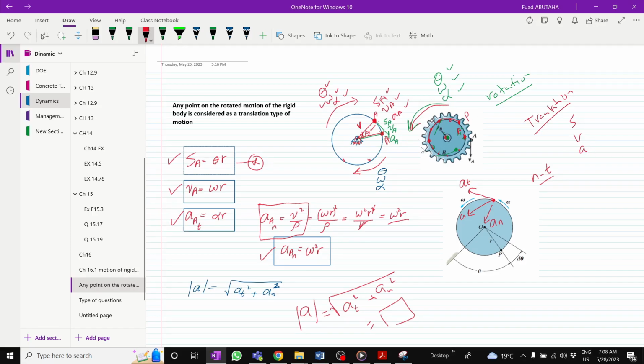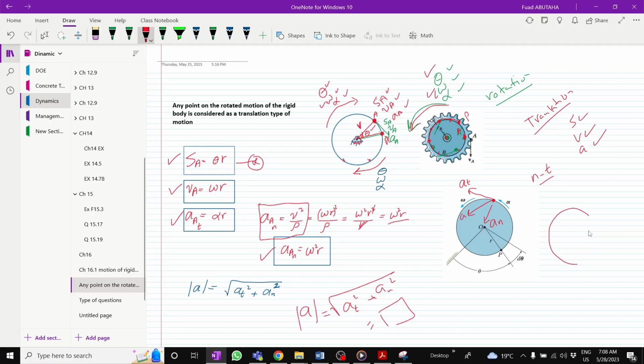But the whole body must have theta, omega, and alpha. So in the same question, you will have position, velocity, acceleration, theta, omega, alpha. So we have two types of information that can be located at the same disk or the same question.